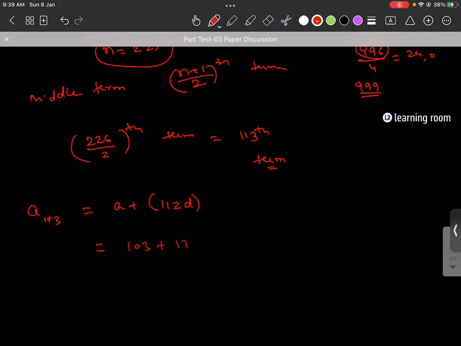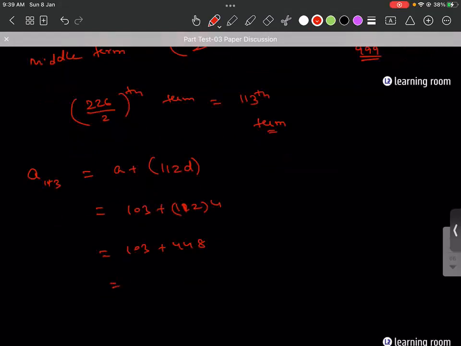A is 103, plus 112 into 4. So 112 into 4 is 448, and 448 plus 103 gives 551. So the middle term in this sequence is 551.